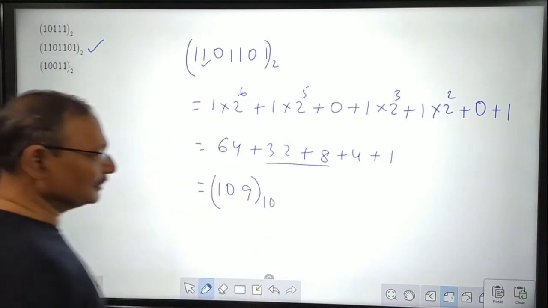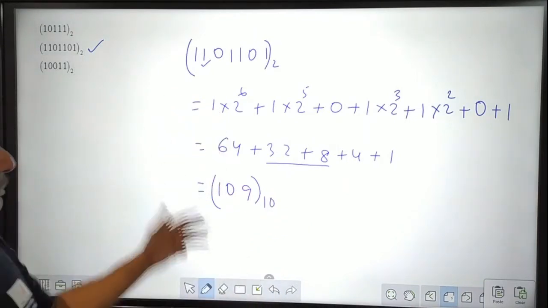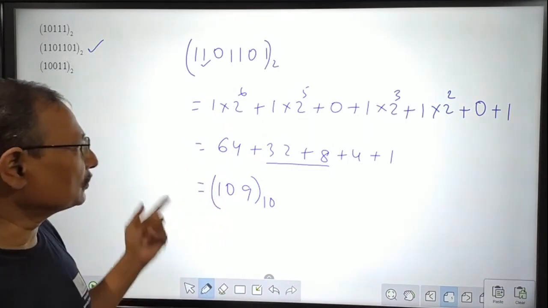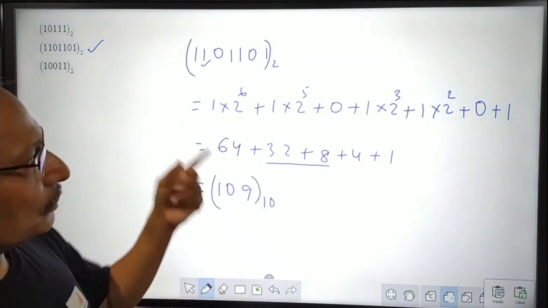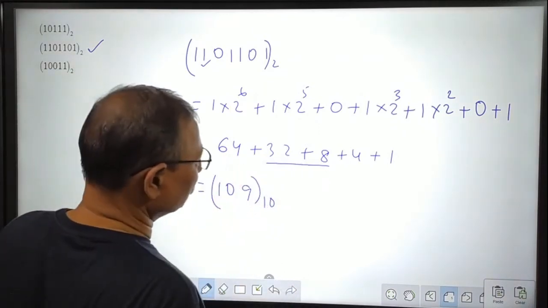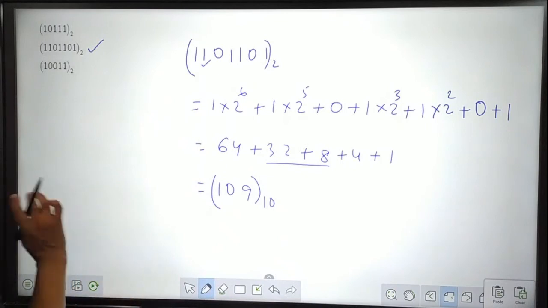So in the decimal system the result is 109. Okay, again we should check it. 64, rightly, this is equal to 32, 8, 4, 1. So correctly, 40, 60, 100, 104, 108, 109.